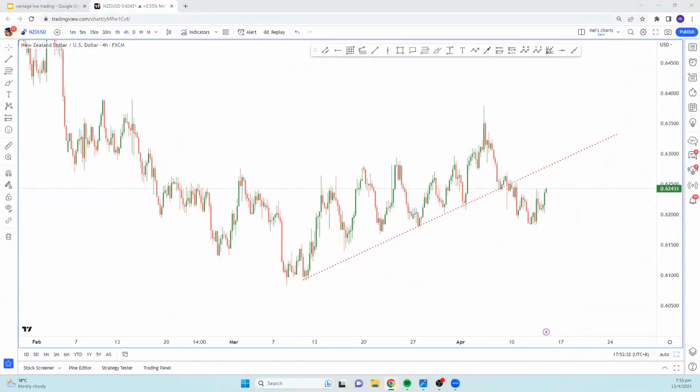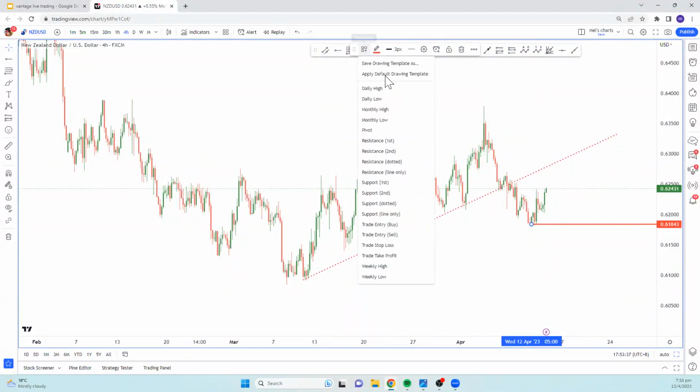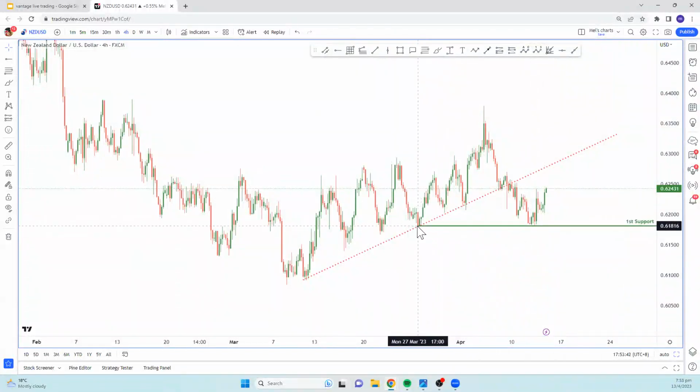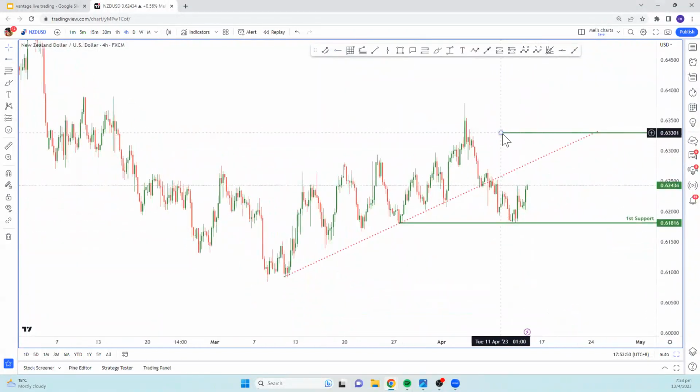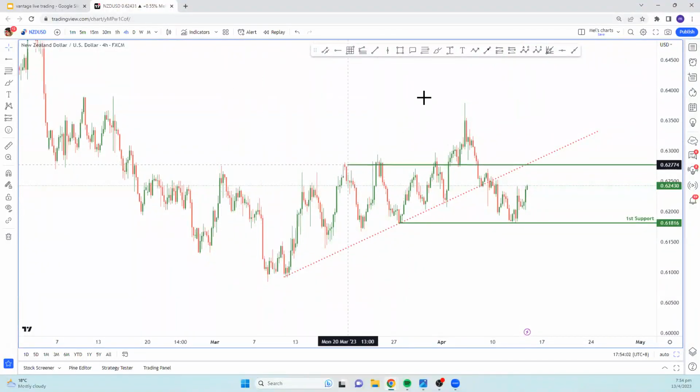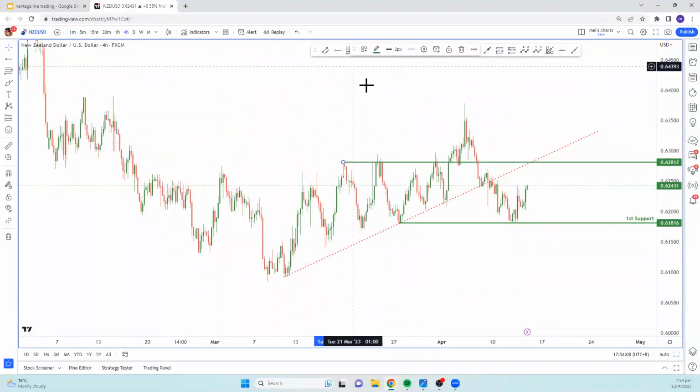So for support and resistance levels, we have our first support here, and I can pull it back a little bit. And first resistance would be here. Over here, this is our first resistance.